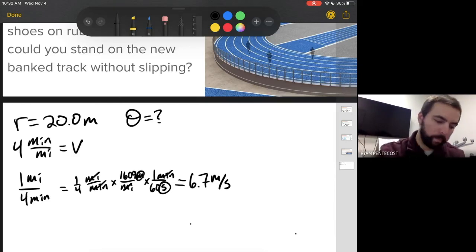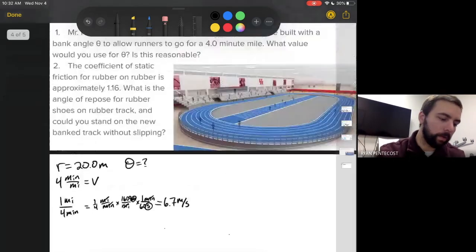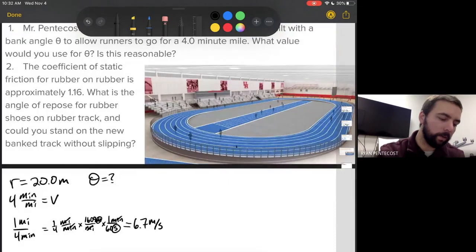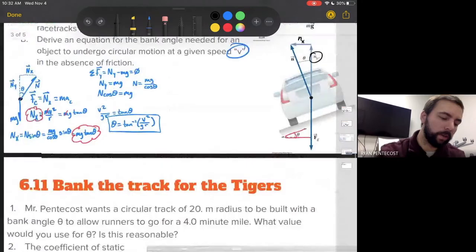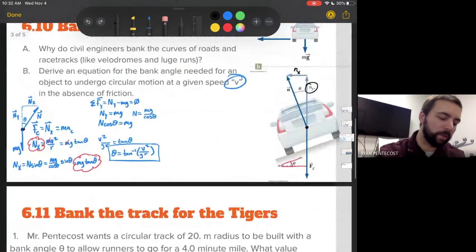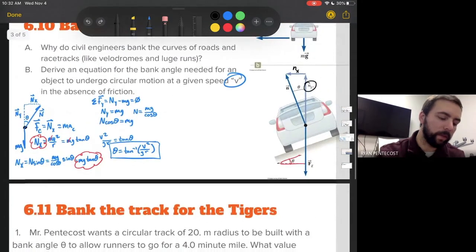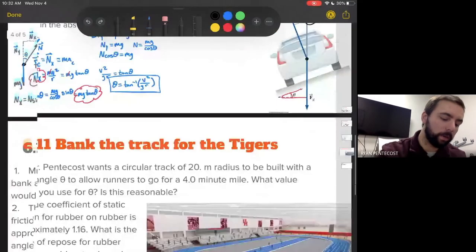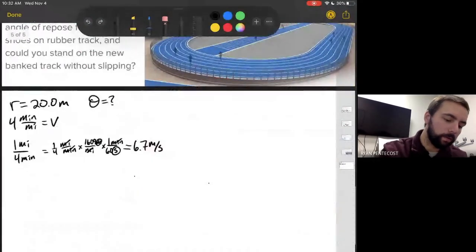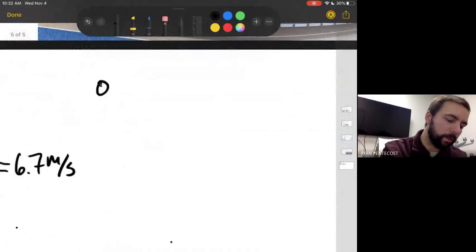Now, we want to know the angle. Well, we just got an equation last time, right? We're going to neglect friction. Here we don't know the friction values. So we have theta equals the tangent inverse of v squared over gr.